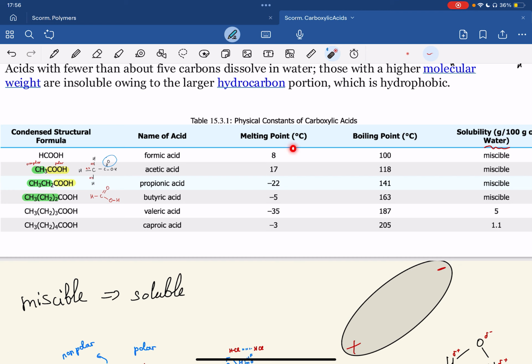The order is as such from top to bottom, but we have two exceptions here. You see, the boiling point increases from propanoic acid to caproic acid, but formic acid and acetic acid are higher than the others. So this is actually out of trend. Why? Because of the hydrogen bonding. We know that in formic acid we have only one hydrogen, so the non-polar hydrogen carbon part is less.